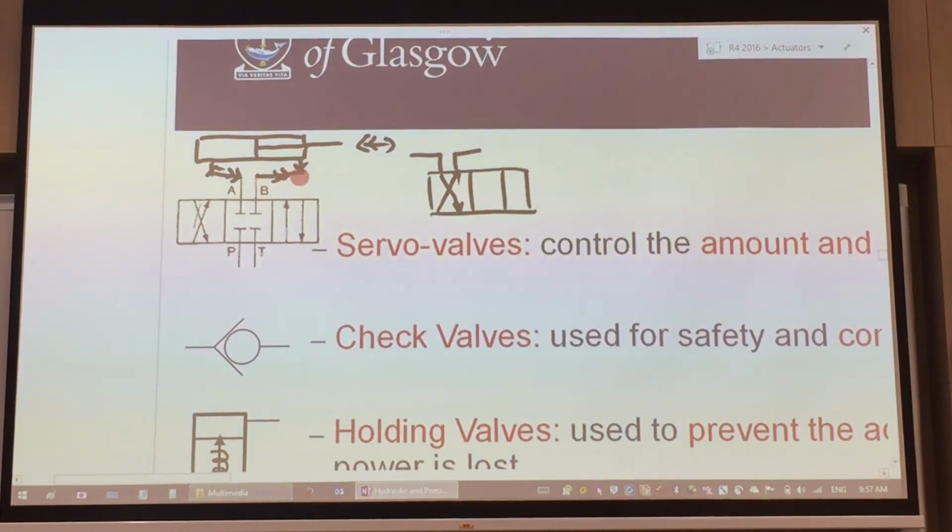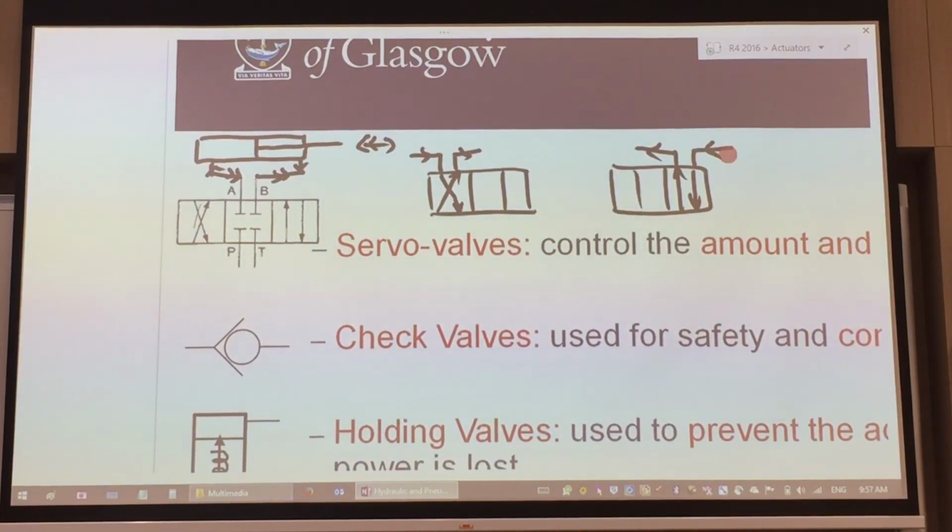This is going to energize this piston to move to the left. And if it's energized the other way around, you can see that it's going to move the piston back to the right. So that's what a servo valve is doing.